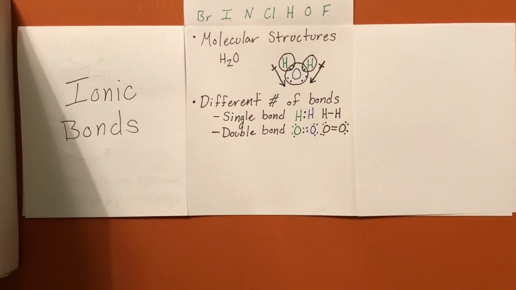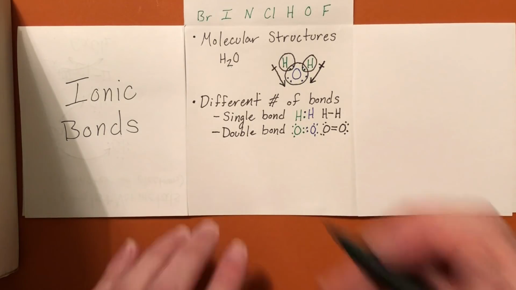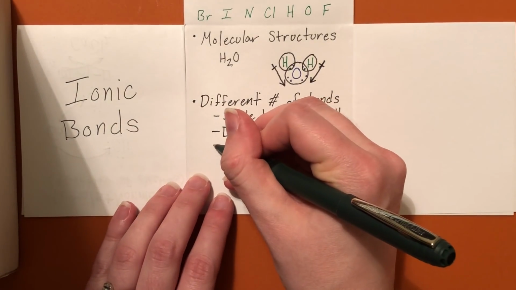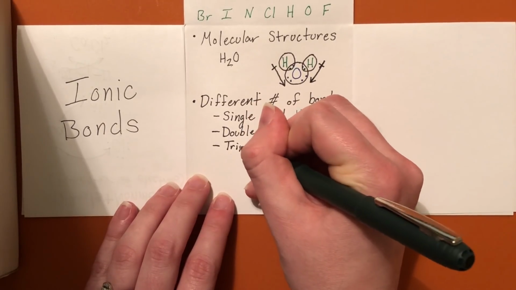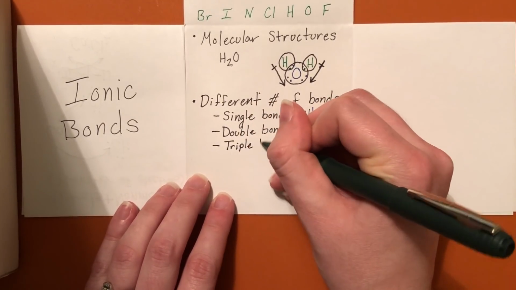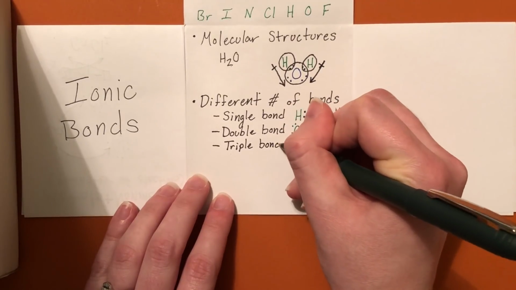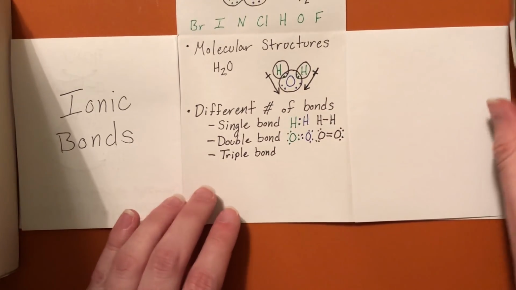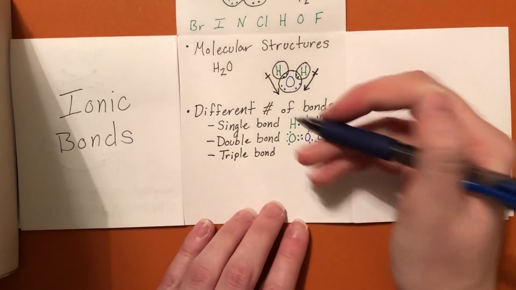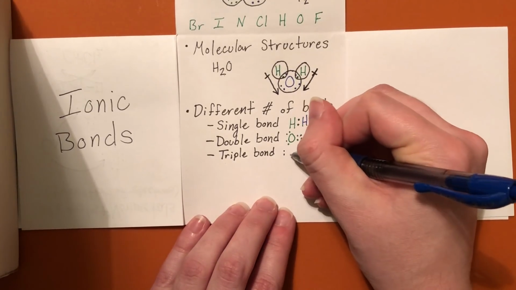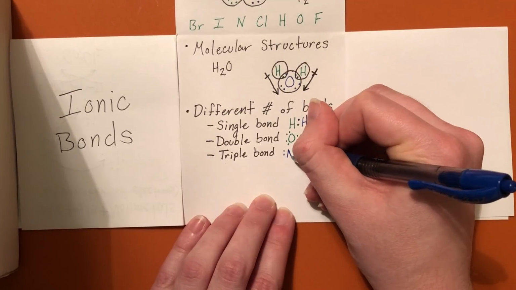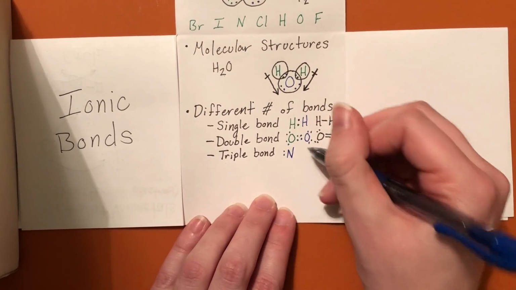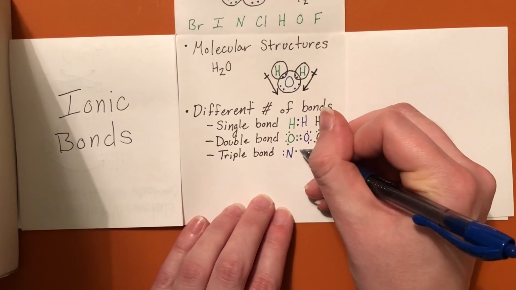And last but not least, it is entirely possible to have not a single, not a double, but a triple bond. So I have my triple bond. And this time I'm going to use nitrogen as my example. My first nitrogen has 5 valence electrons, so I'm going to put 2 on one side. And I'm actually going to draw this one slightly different.